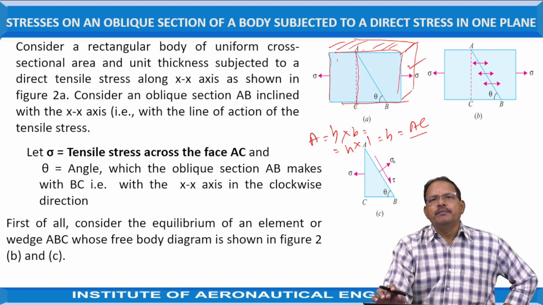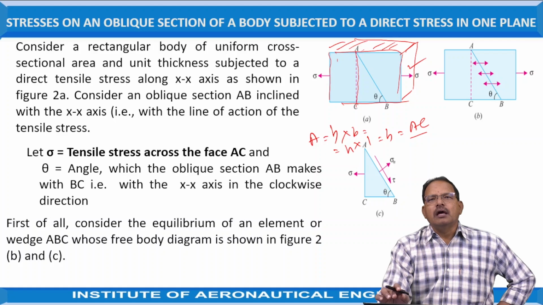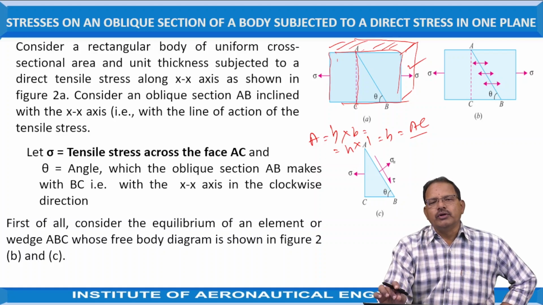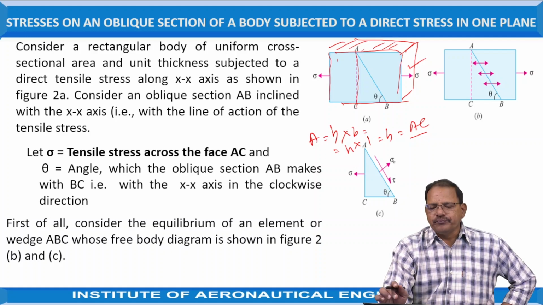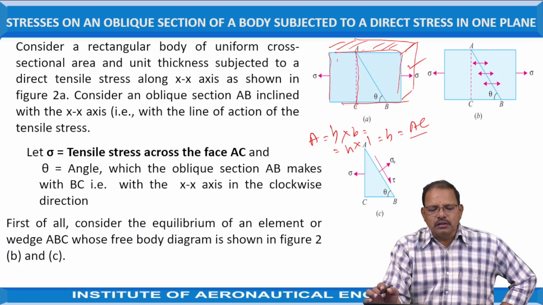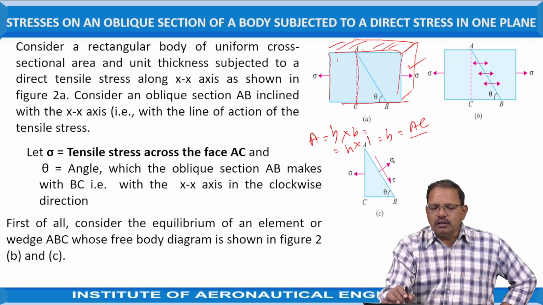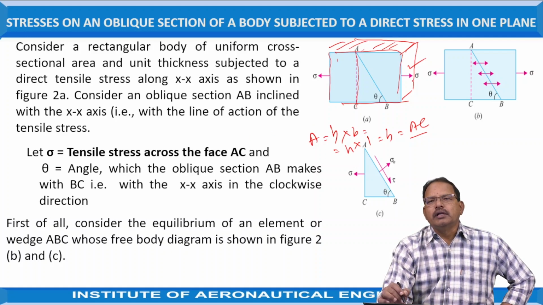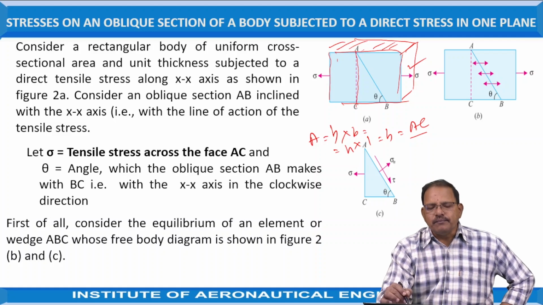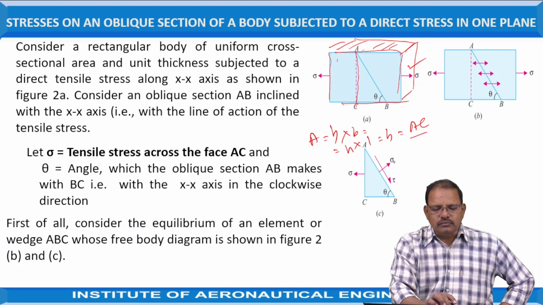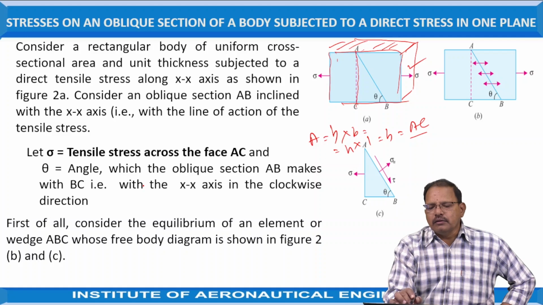Here we are considering an object which has a uniform cross section, with thickness equal to 1 unit. Now consider the oblique section AB, which makes an angle theta, measured in the clockwise direction with respect to the x-axis as shown in the figure.